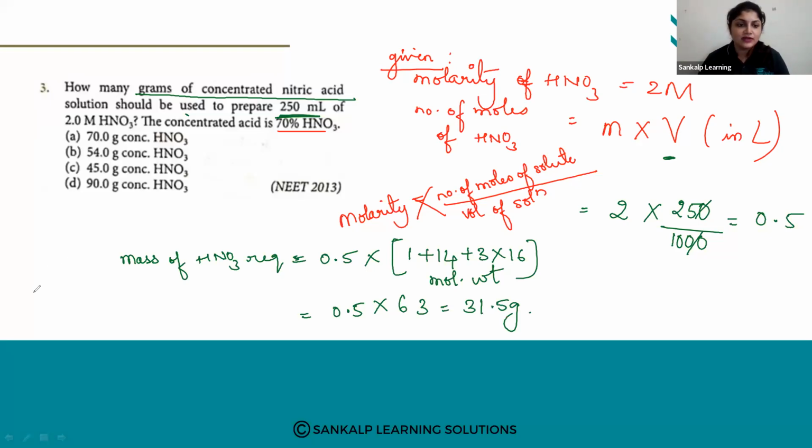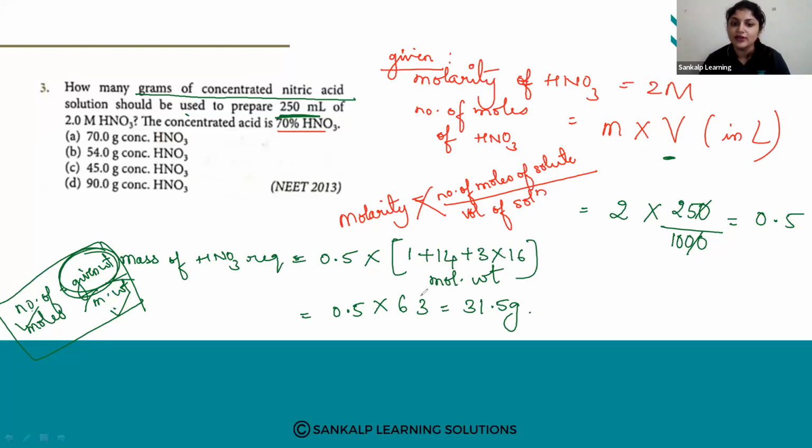Always, the number of moles is given weight upon molecular weight. Now we want to find the given weight, that is, how much mass is required to get so many moles. We know the number of moles and the molecular weight, so given weight equals number of moles into molecular weight. By this you get 31.5 grams.